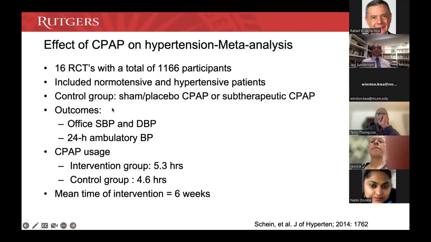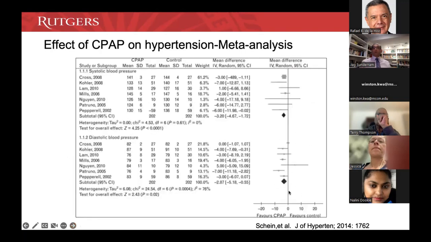Again, showing the meta-analysis data on over 1,100 subjects, comparing sham or placebo CPAP versus CPAP alone, what they showed was that there was a reduction in hypertension when you were adhering to CPAP therapy.